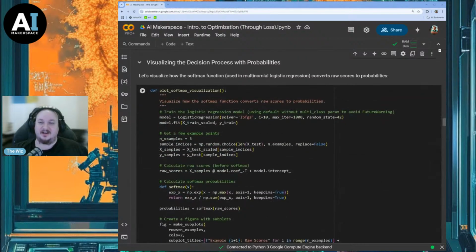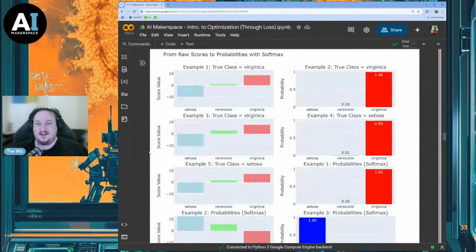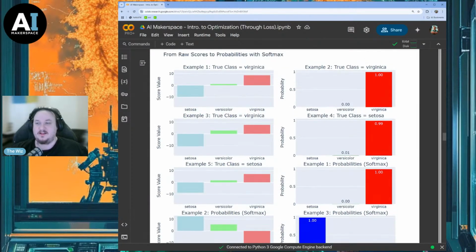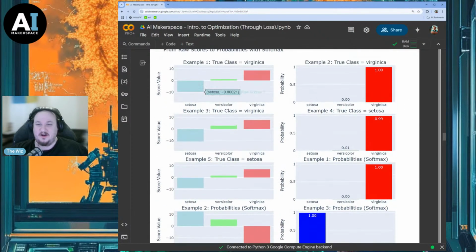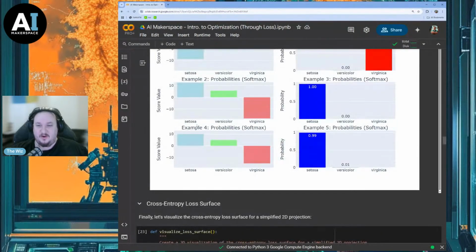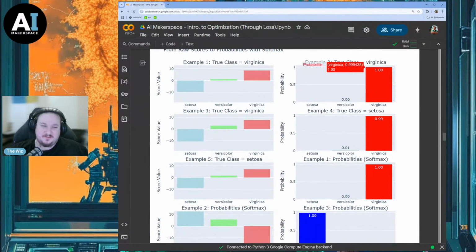Then, we're going to be able to look at this with the actual probabilities through softmax. So this is an example of the output from our model, and then what the softmax is going to look like. Now, you'll notice that though the scores from our model are quite varied, the actual softmax looks pretty familiar.